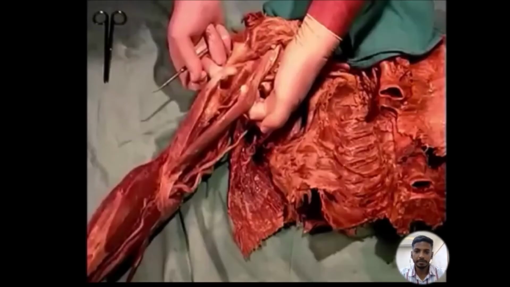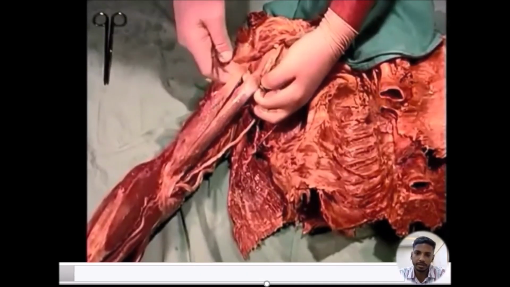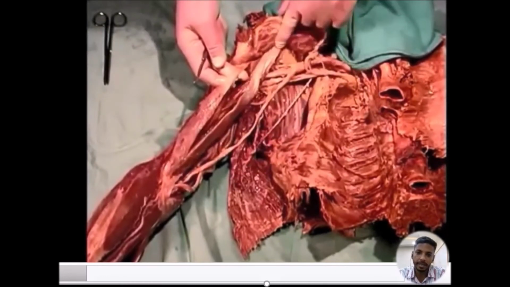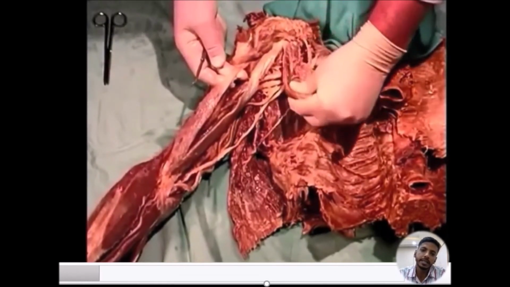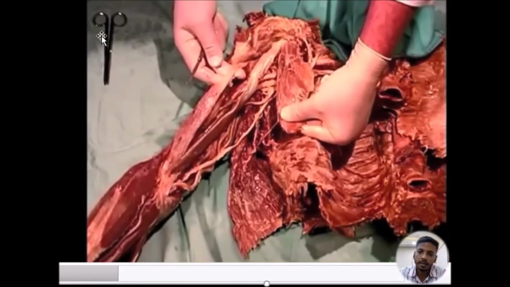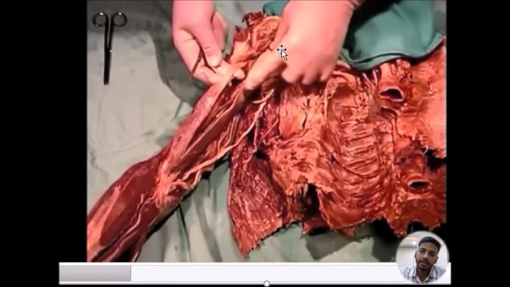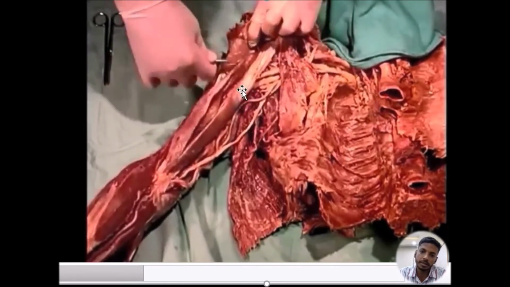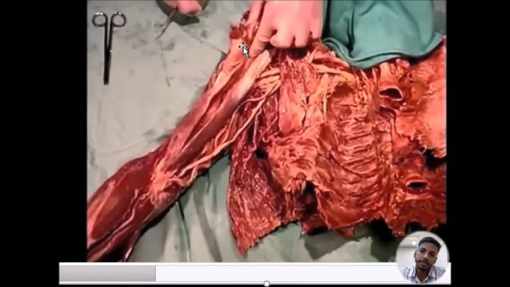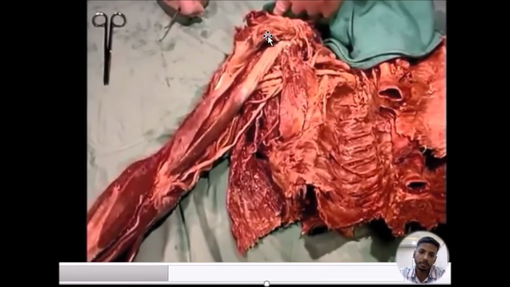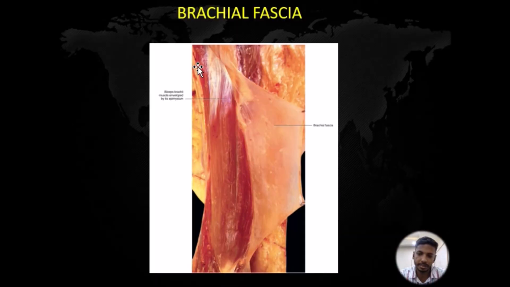Look at the biceps brachii muscle, which has two heads. The short head has attachment with the pectoralis minor as well as the coracobrachialis, and they share the same attachment spot at the coracoid process. The long head of the biceps brachii has attachment to the supraglenoid tubercle. The deep fascia, that is the brachial fascia, goes in between the biceps and the triceps, the agonist and the antagonist, and forms the intermuscular septum, which includes the medial and lateral intermuscular septum.